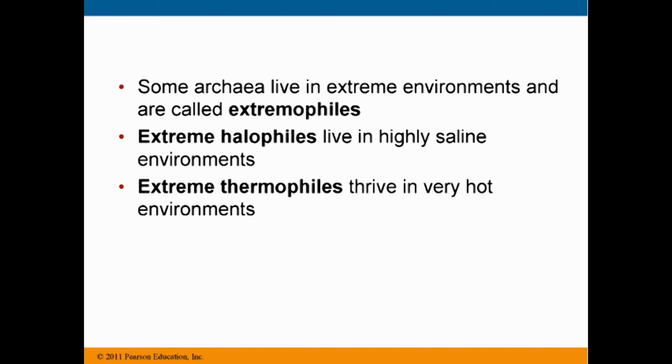Archaea refers to archaic, or very old, and it was thought they were very old bacteria. That's not considered the case anymore because it's pretty widely accepted that this is a separate lineage. A lot of these Archaea are called extremophiles, meaning that they love living in the extremes.